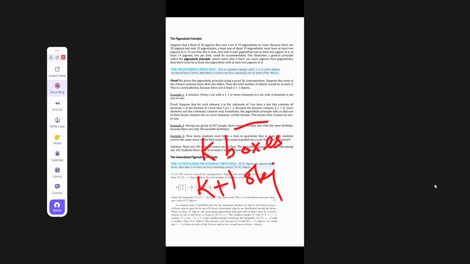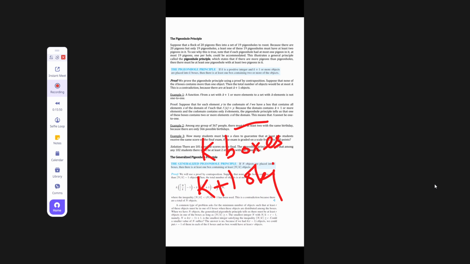So the number of objects is at least one more than the number of boxes, then there will be at least one box with at least two objects.